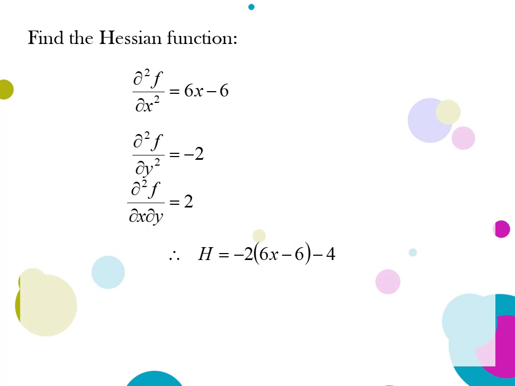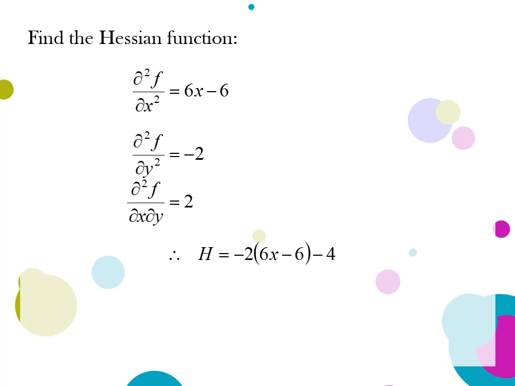Okay, now we are going to proceed to the second step, which is finding the Hessian in order to determine the class or the type of stationary point that we found in the previous slide for this particular function.